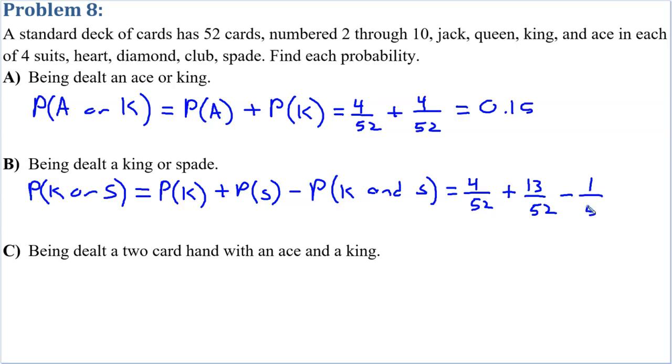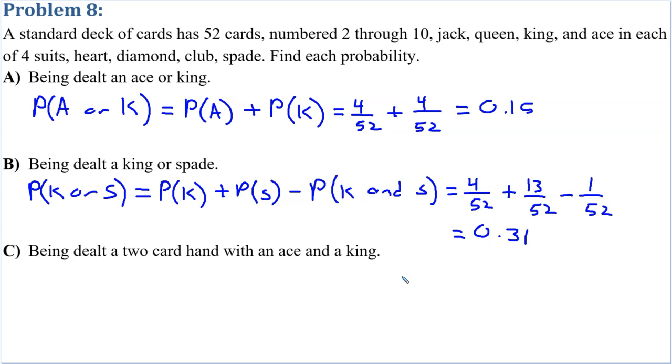So minus 1 over 52. We have to account for that one that got counted twice when we counted up the kings and the spades. Now when I plug that all in my calculator, I end up with 0.31, so 31% of the time we'll get a king or a spade.